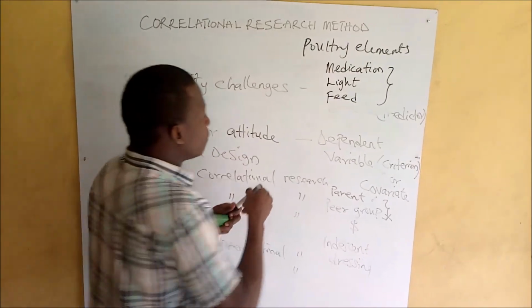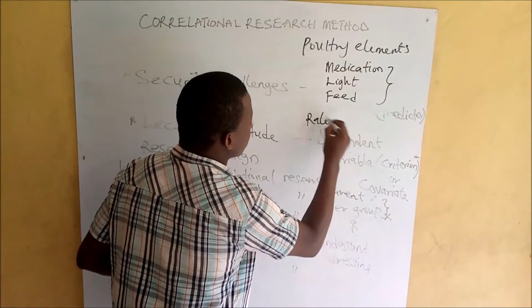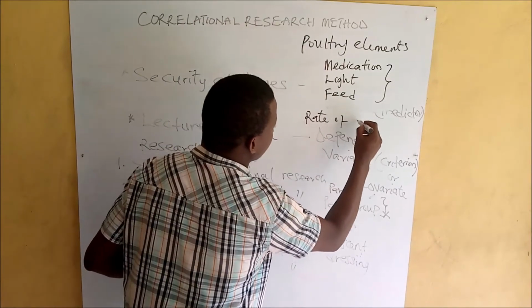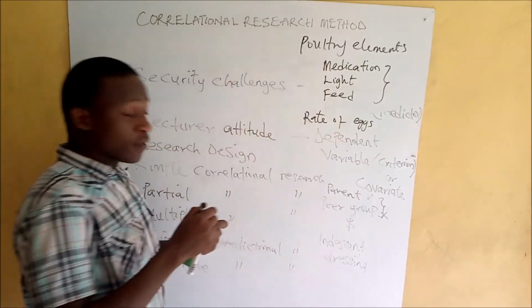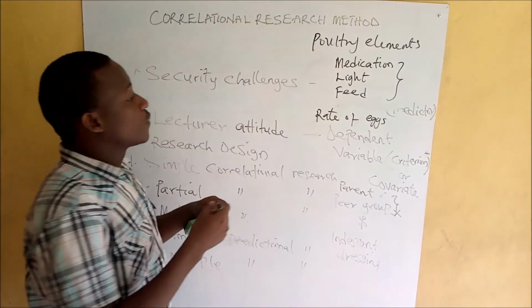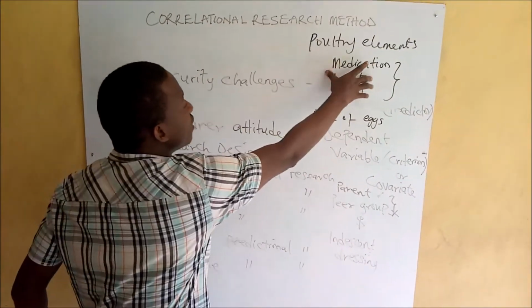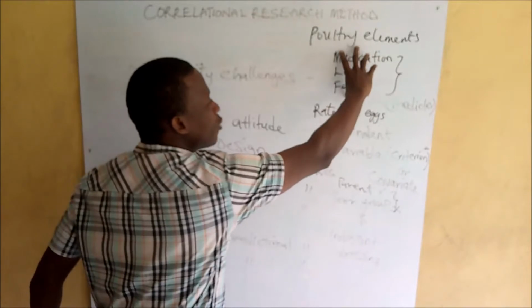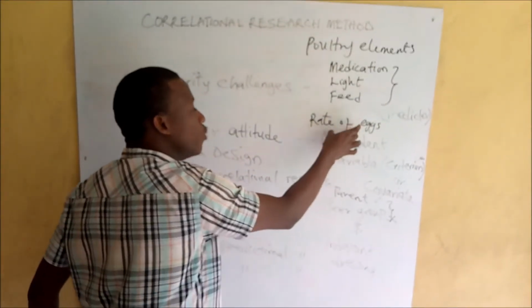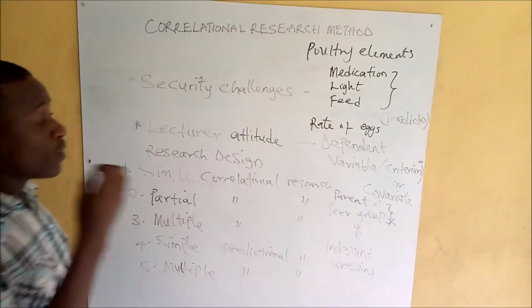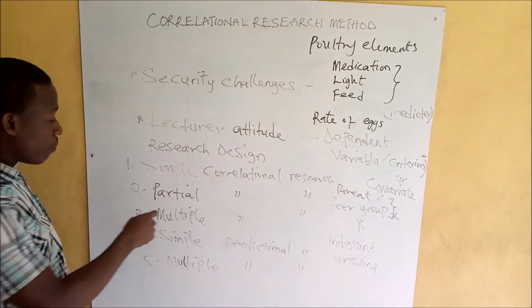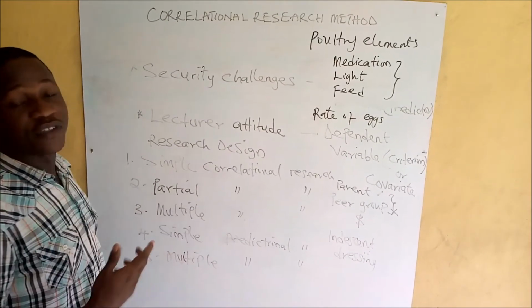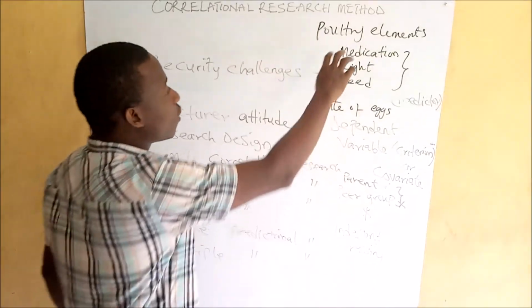So that one is the rate of eggs laid by a layer. What you do is check the relationship between all these variables at once with this. So you have to adopt a research design called multiple correlational research design, because you are considering all of them at once.